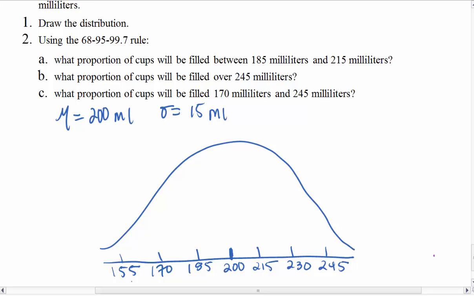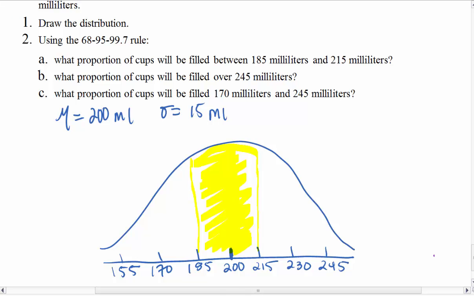We can now easily use the 68, 95, 99.7 rule to find proportions. So in our first problem, what proportion of cups will be filled between 185 and 215? Let's go ahead and shade in this region. 185 to 215 is one standard deviation away from our mean.